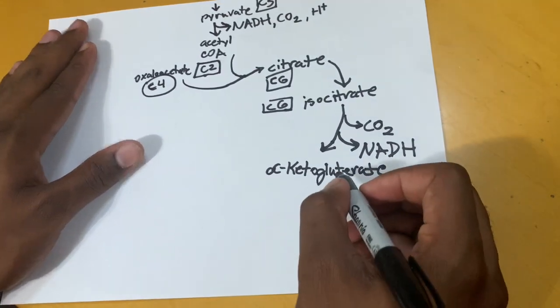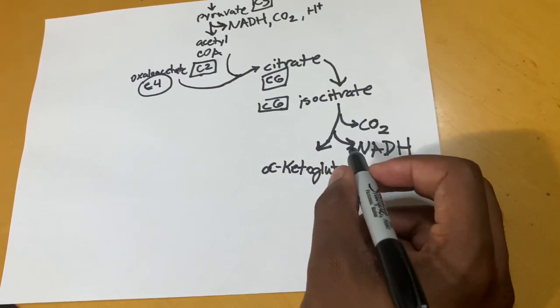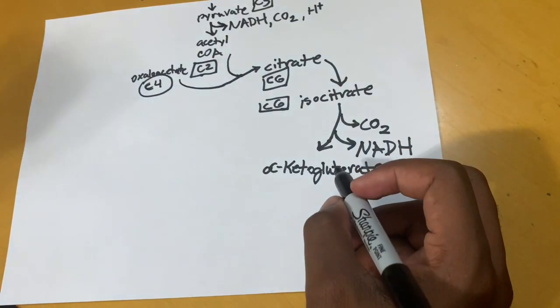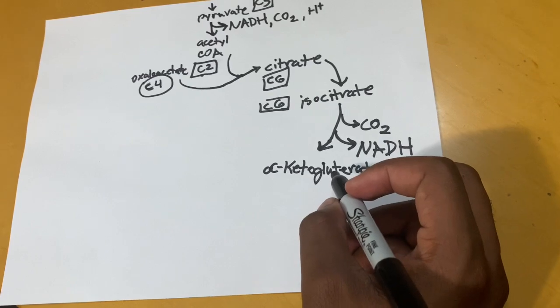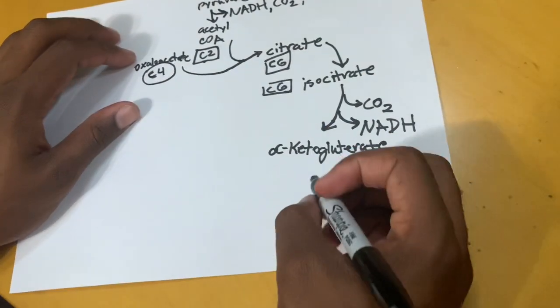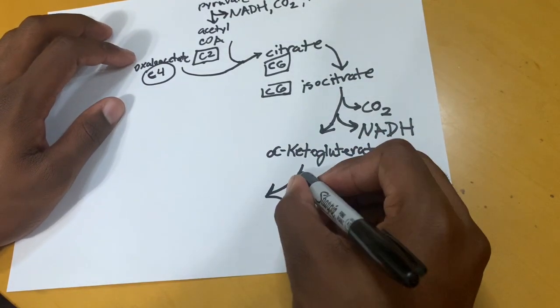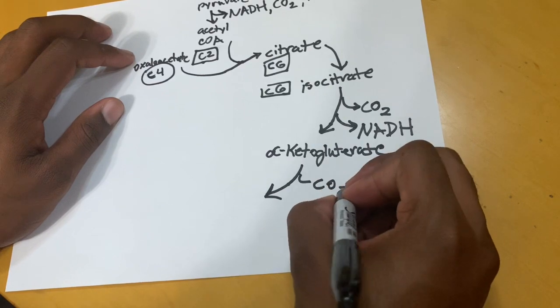It becomes alpha ketoglutarate. You can remember that because when she says, nah, this isn't the right guy, she went and got the AK. Citrate, Cece, she kind of crazy, so she went and got the AK. So that's how you can remember isocitrate to alpha ketoglutarate. Then she meets another guy, and she didn't learn her lesson. So she lost another carbon.